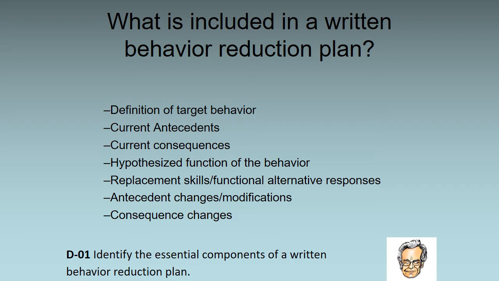It will also have antecedents. Okay, what are some antecedent conditions that we can use to reduce the target behavior? Basically, it's how we can set up the environment to reduce the likelihood of the behavior. It will also have a section on replacement skills or behaviors. These are to be taught so the patient will be able to access whatever the function of the behavior is. And the function of the behavior is what the person gets out of it.